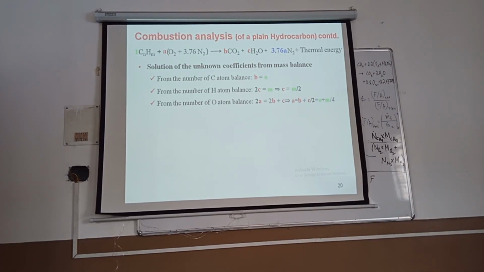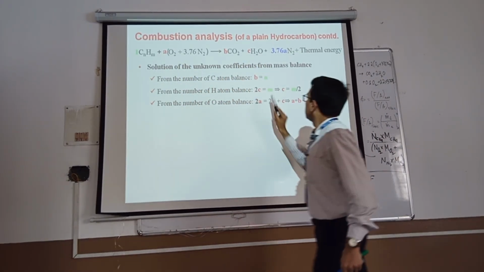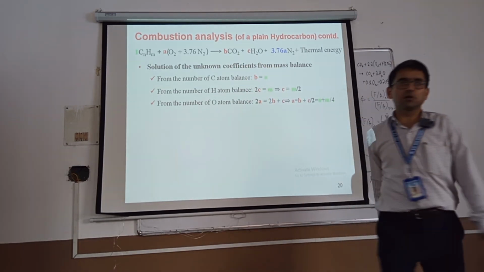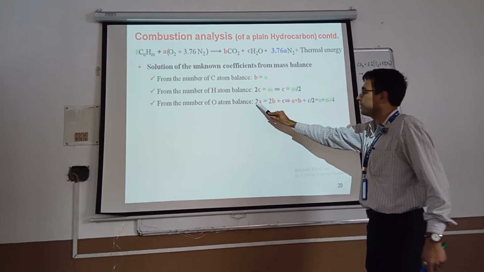Just balancing these we can get. And from the oxygen atom balance, it is 2a is equal to 2b plus c. Clear? And already we have solved b and c, therefore we can solve a.